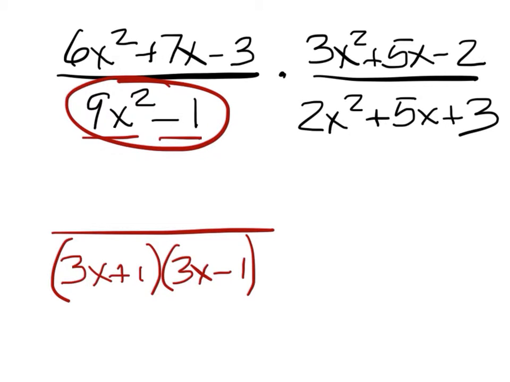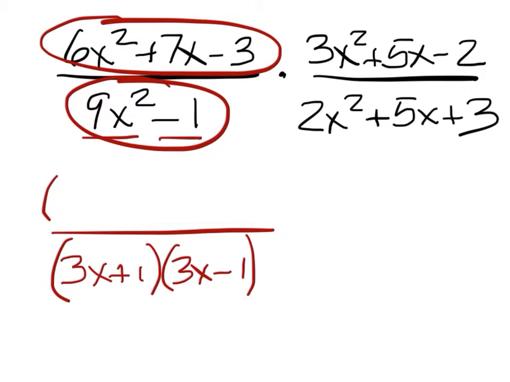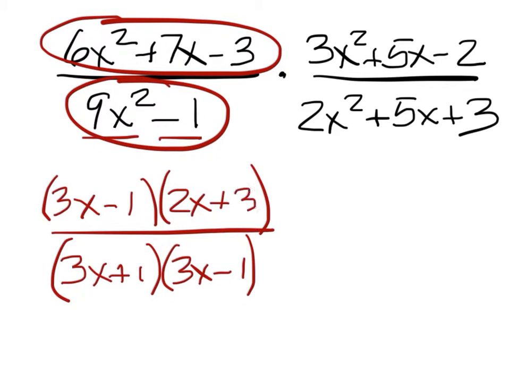And what we just reviewed was this. You can try to factor that out by breaking it up as a 3x and a 2x to break up the 6x squared. And then you have a minus 3 in there. And you can try to get that from minus 1 and plus 3. You can double check it to be certain. This is going to give me 9x, and this will give me negative 2x.